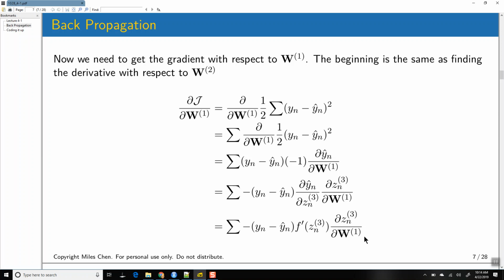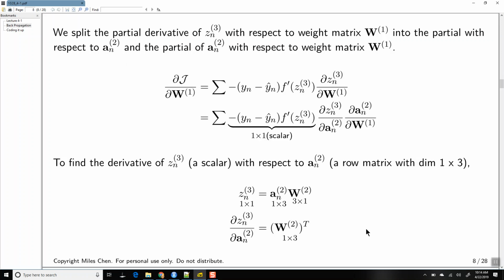Now we want the partial derivative of observation n's Z3 value with respect to W1, okay? So far this is a scalar, and so we split this part into Z with respect to A sub n, and then the partial of A sub n with respect to W1, okay?